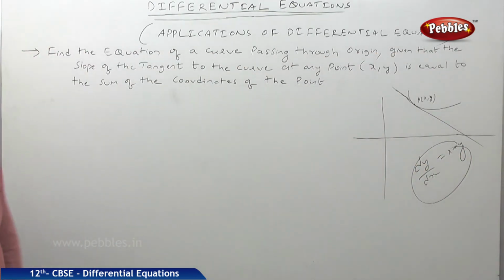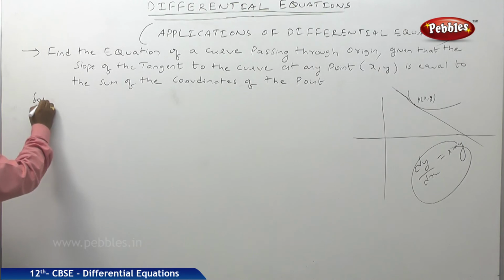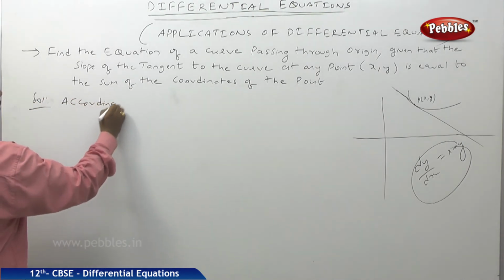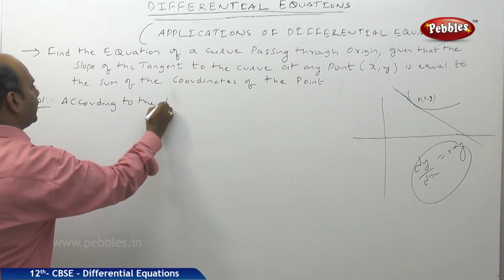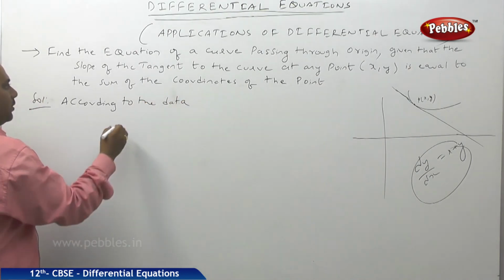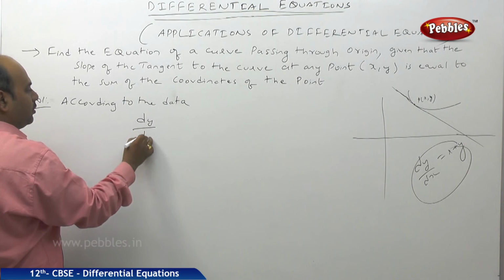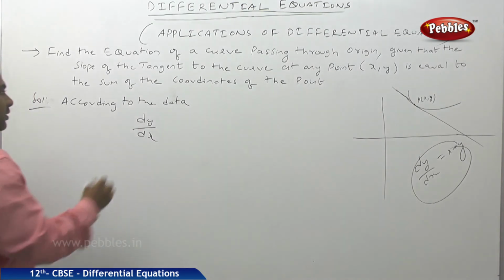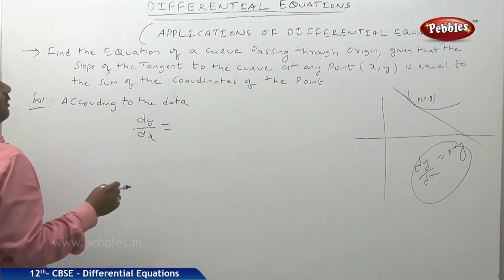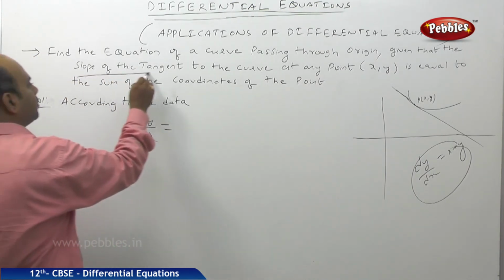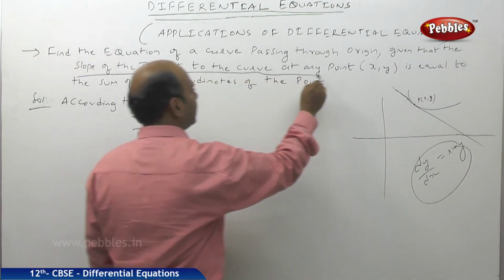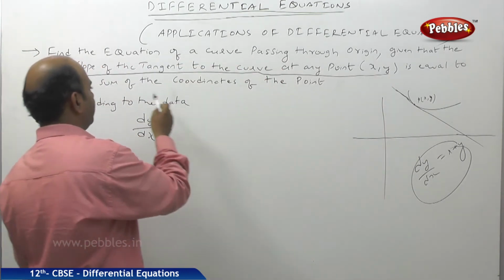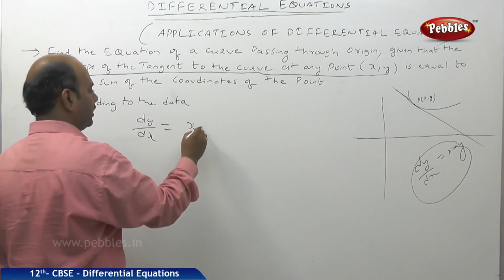So the solution here I will be doing according to the data. Slope of the tangent to the curve is always represented by dy by dx. We need to observe carefully, given that slope of the tangent to the curve at any point x comma y, dy by dx is equal to sum of the coordinates at that point.